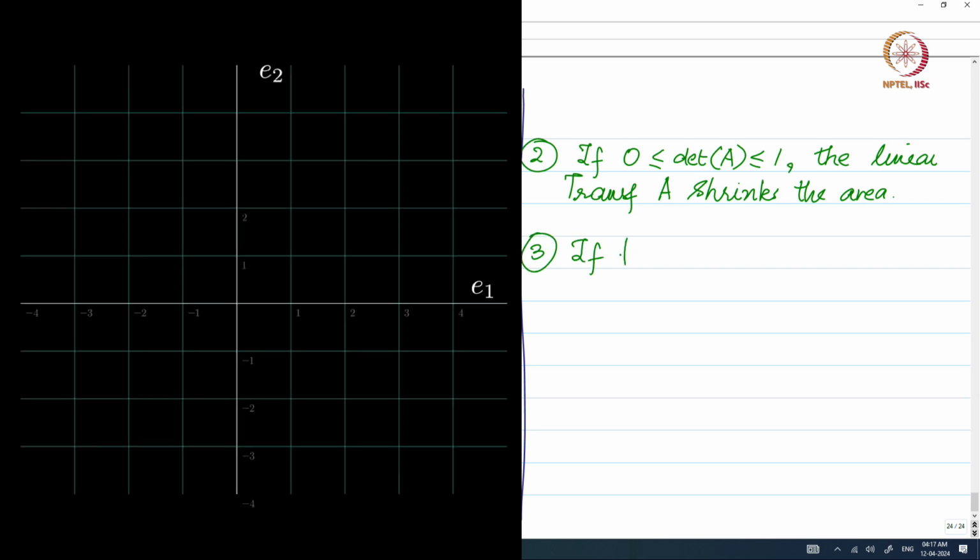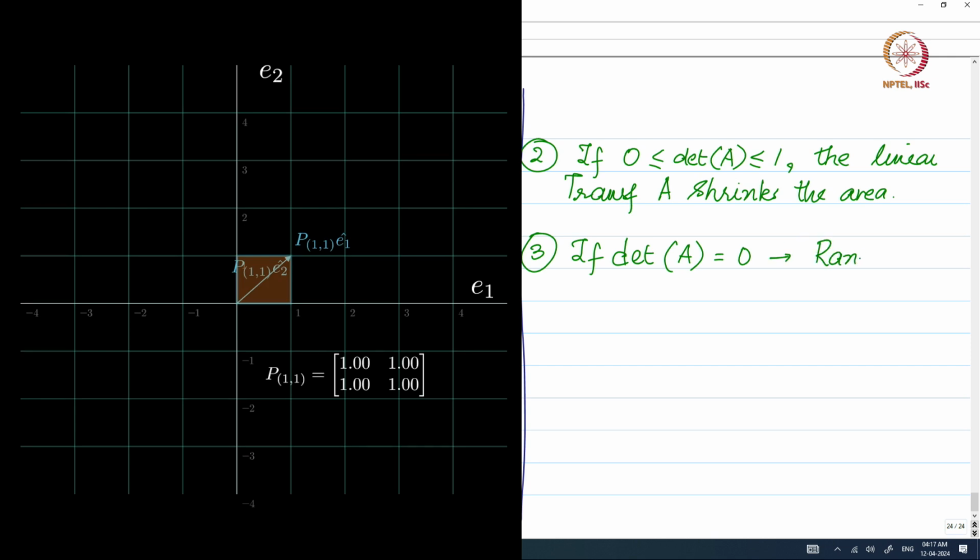If the determinant of A is 0, we already know what it does. We will just note down that the matrix is rank deficient. We have not defined rank yet, we will do this when we get to the idea of subspaces and related matrix topics. At a later point, we will get to the idea of rank. Right now, we will just take this as rank deficient.